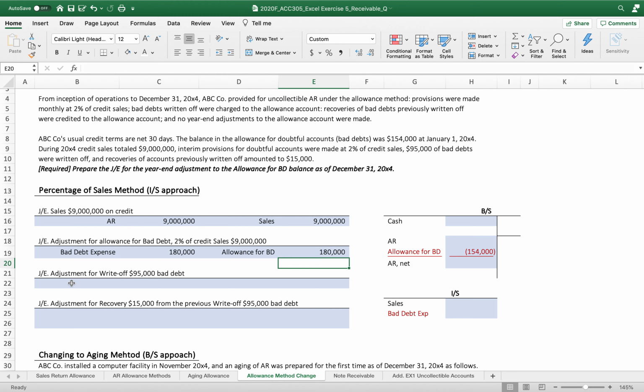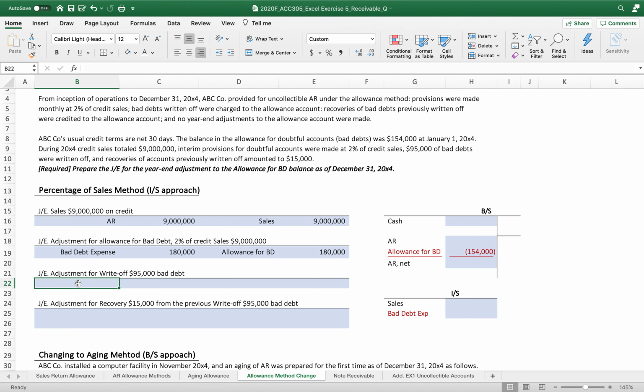And then adjustment for the written off 95,000 bad debt. That means that amount is never to be collected. For example, some bankruptcy of customers, clients. So that definitely is really hard to get the cash from the AR.